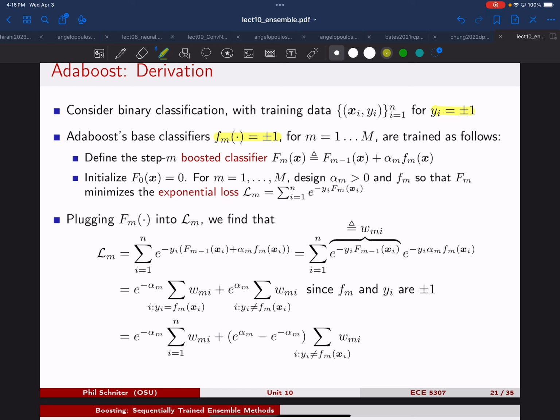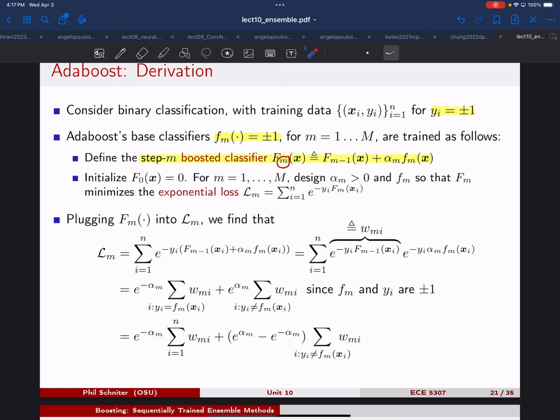Okay, and so we're going to define this step m boosted classifier as the capital F with little m here. So this is at stage m.